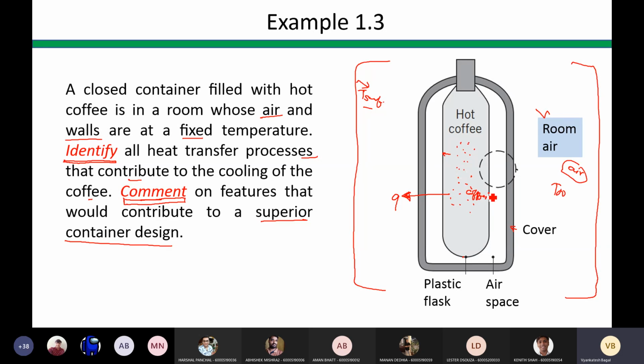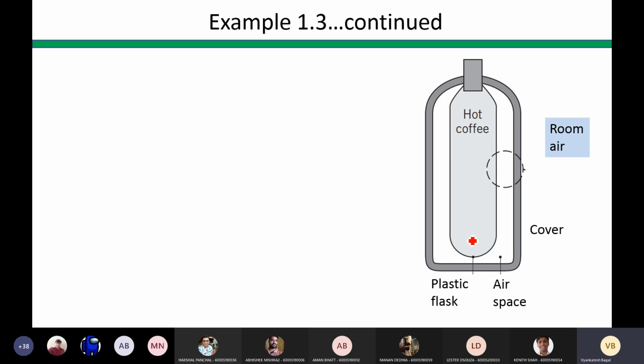So coffee to this surface, then to this material, that is plastic, through the thickness of the plastic, then this surface, then the air gap or air space present here, then this surface, then the thickness of the cover, then the inside surface of the cover, the outside surface of the cover, then the air which is surrounding the flask, and then the room wall. This is how we should think about the different modes of heat transfer that may occur in this case.